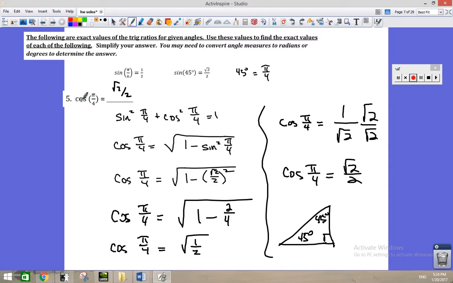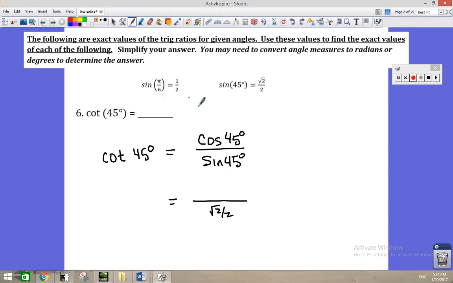So in problem 5, I found the cosine of 45 degrees. I'm not going to go through that work again. I've already illustrated that the cosine of 45 degrees is radical 2 over 2. So if I use that, I'm building upon my previous answers. If the numerator and denominator here are equal, this simplifies to 1.